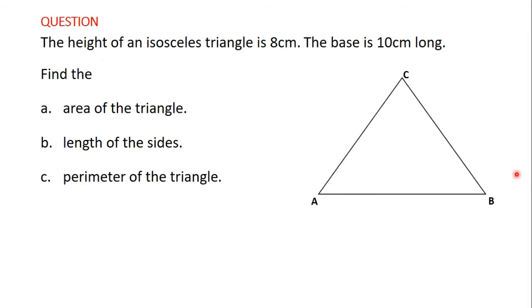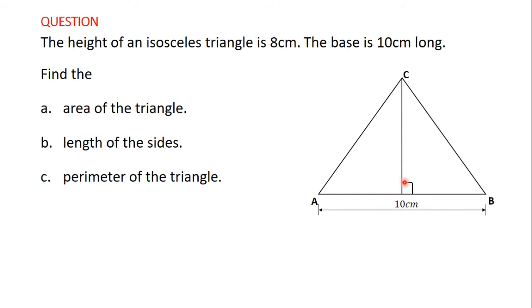Let's call it ABC. The question says that the base of the triangle, line AB, is 10 centimeters long. It also said that the height of the triangle is 8 centimeters, which means that the perpendicular distance from C to the base is 8 centimeters.